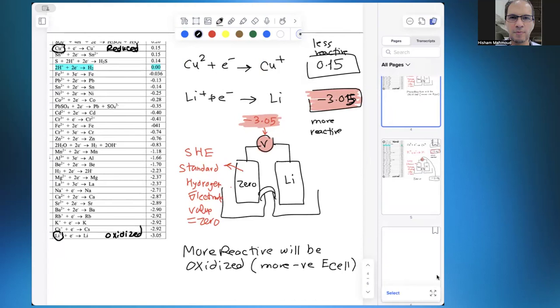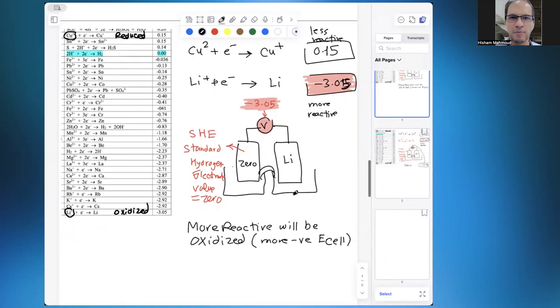But Mr., what will you do? I have noted that in the reactions that I wrote, both of them were reduced, but actually I need one of them to be oxidized. So I will reverse the copper. Instead of being copper plus one electron, I will make it, oh, here there should be no charge.